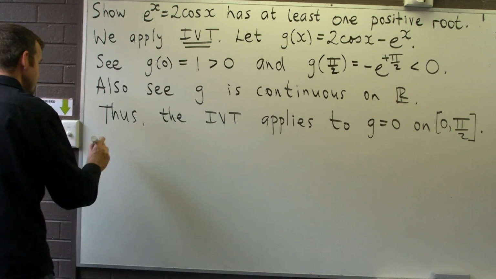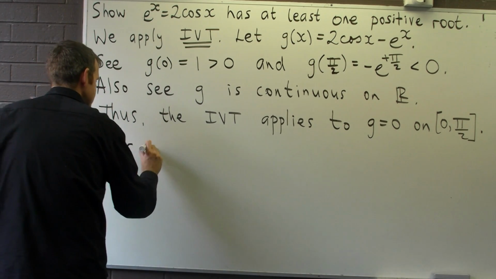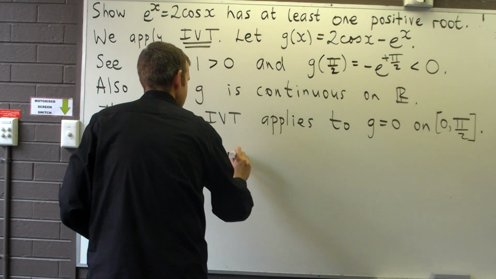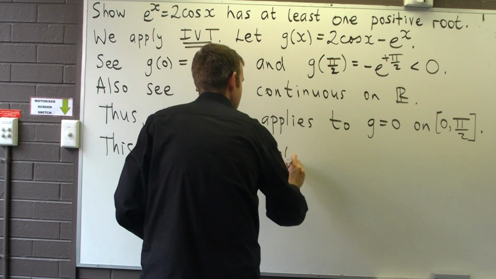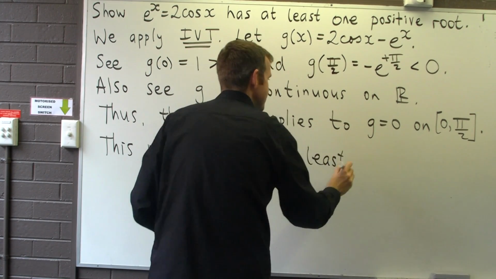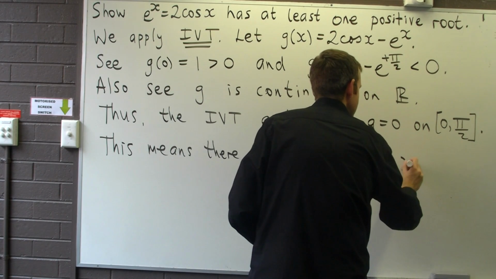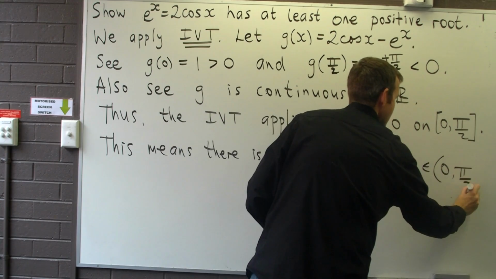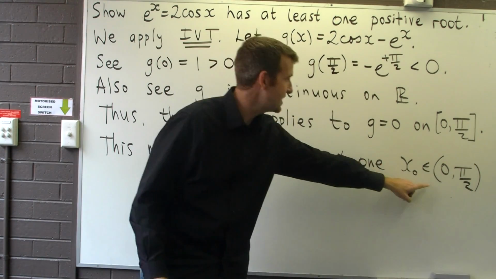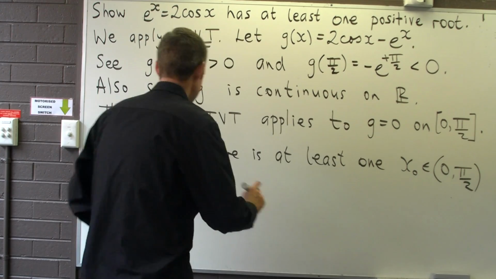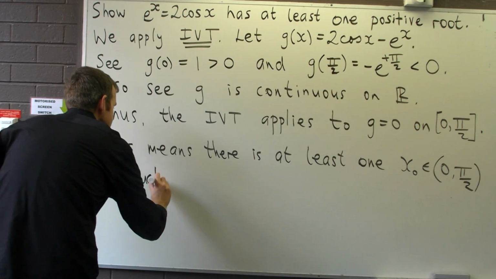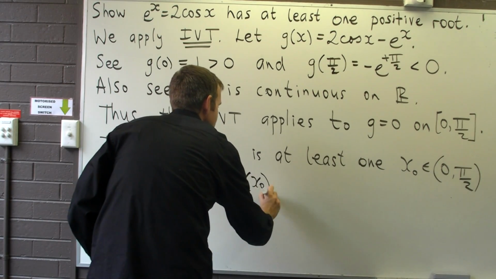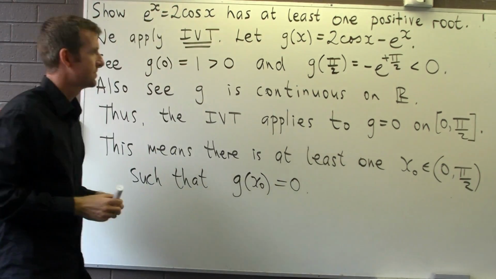So what does that mean? Well, this means there is at least one point in the interior of this interval such that g of x naught equals 0.